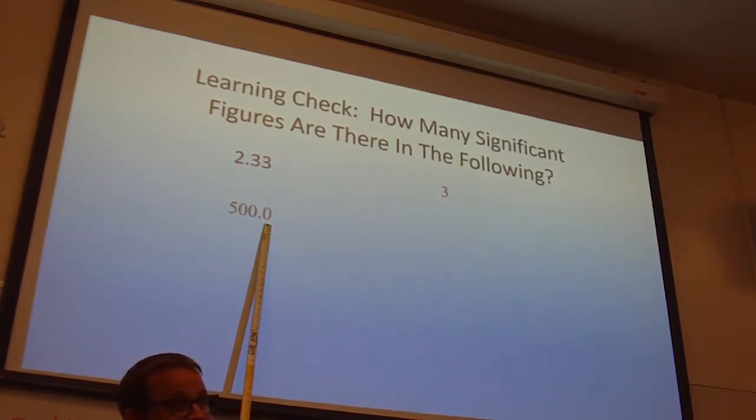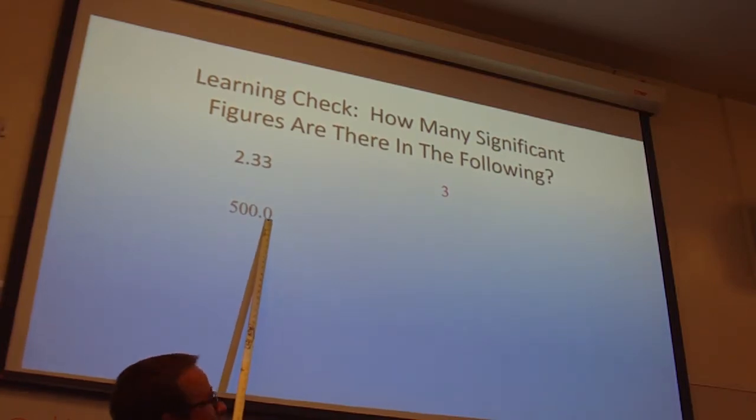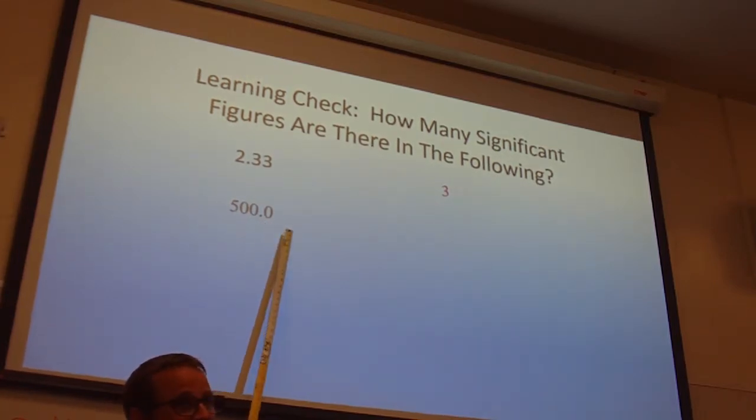Is that significant? No. How do we know? Why did the person write it there? The only way they could write it there is if it was significant, right? You wouldn't be writing anything beyond that decimal place if it wasn't significant, right?